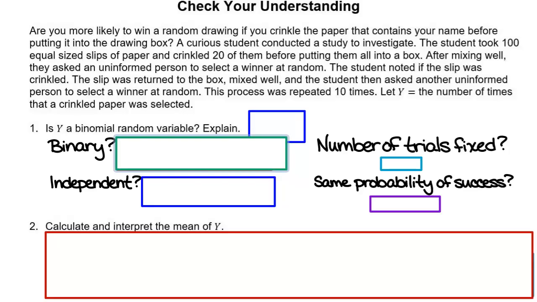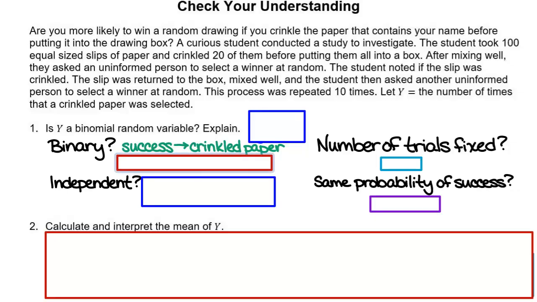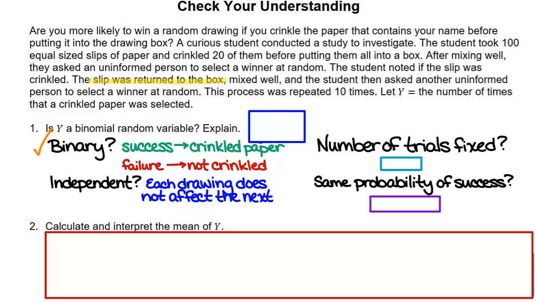Crinkled paper. Failure? Non-crinkled paper. So we get binary. Do we get independence? Yes, the slip was returned to the box, so the next person has the exact same situation that the first person did. Each drawing does not affect the next.